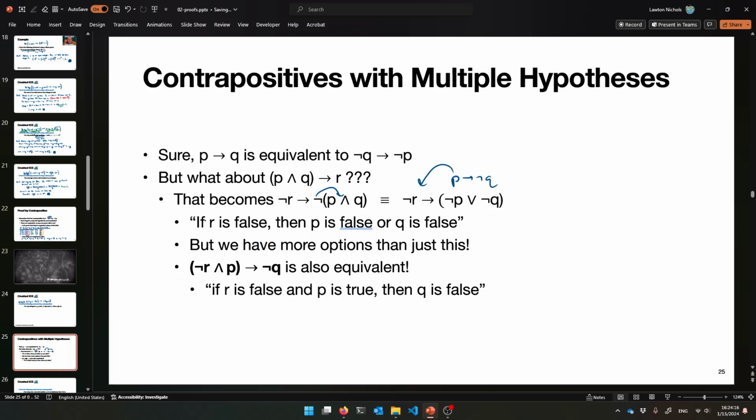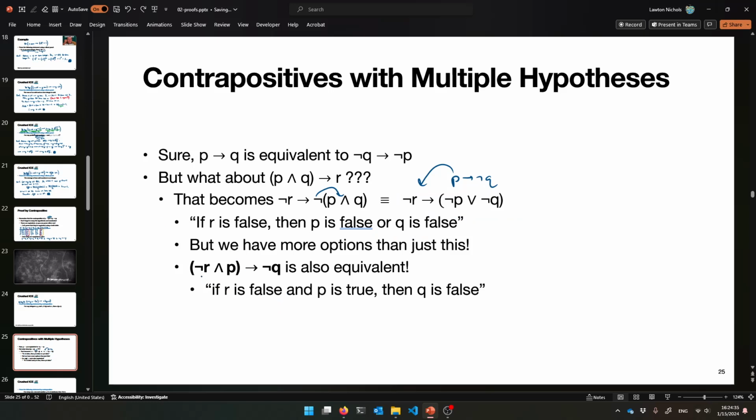So what is this trying to say, first of all? If R is false, then P is false or Q is false. That's another way to say this one. There are more options, and it helps to have options when you're trying to prove something. So that's what that means.